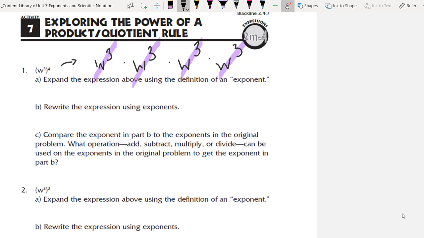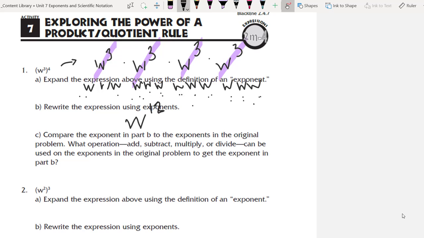From there, if you want to expand it on out, w to the third, w to the third, w to the third, w to the third. If I rewrite this using just exponents, that would be w to the 1, 2, 3, 4, 5, 6, 7, 8, 9, 10, 11, 12.